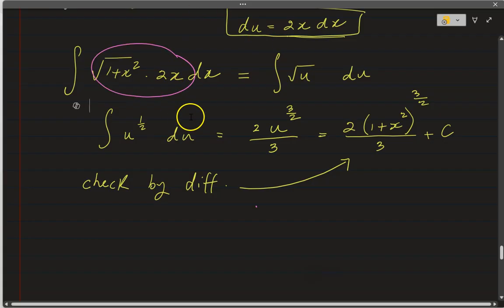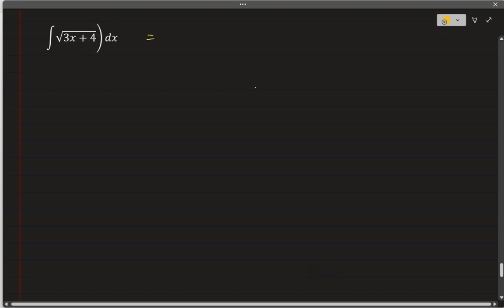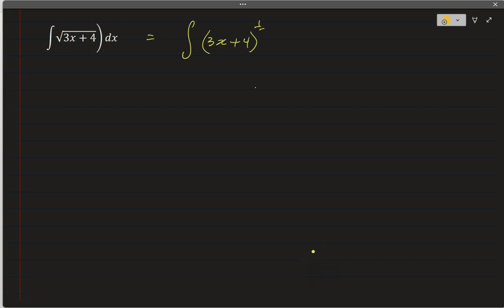All right, let's look at another example. Okay, we got this one. Let's change that to the exponential first, to the half dx, and in this case we let u be 3x plus 4. So take the derivative: du is equal to 3 dx.